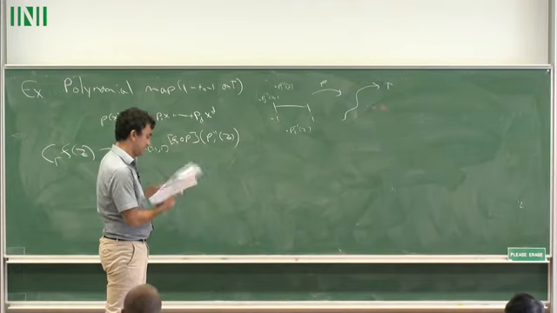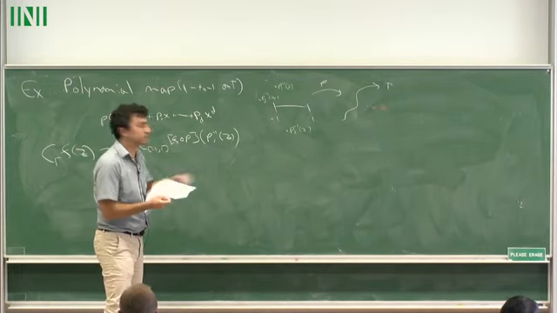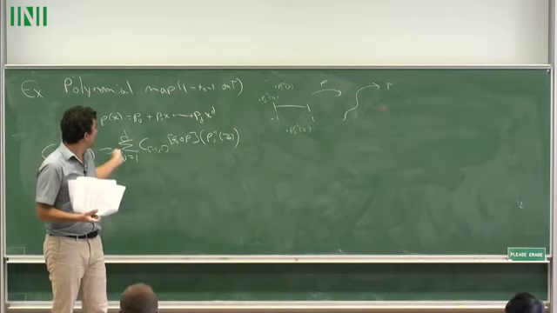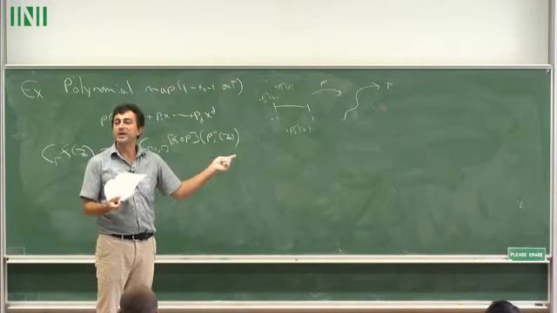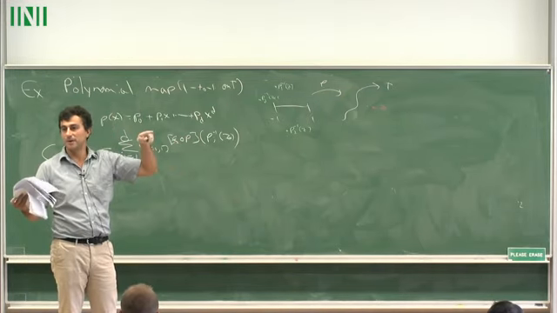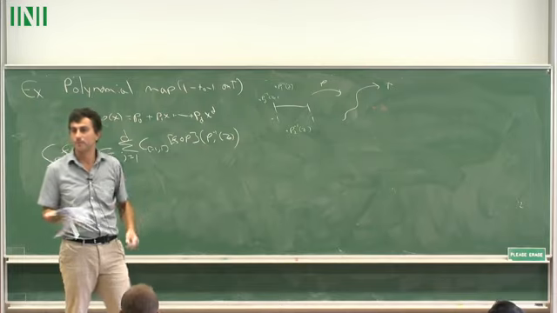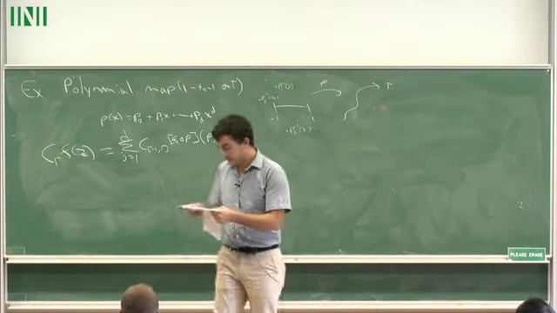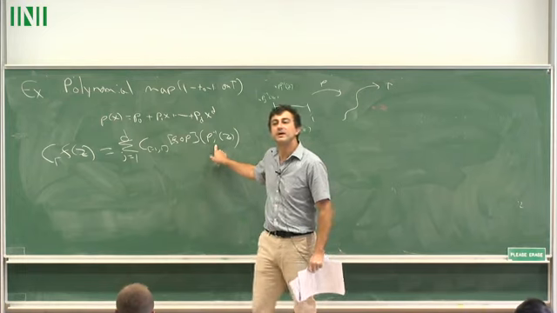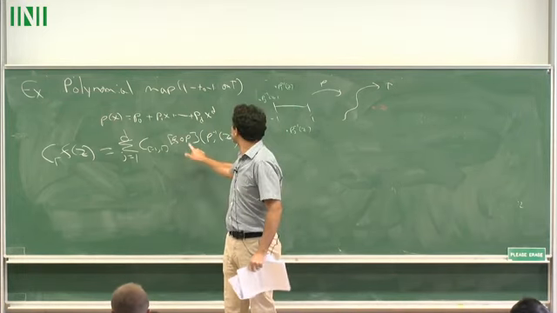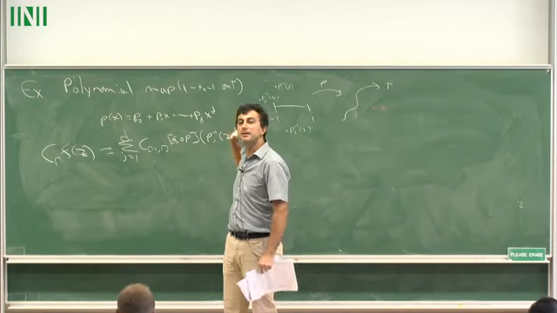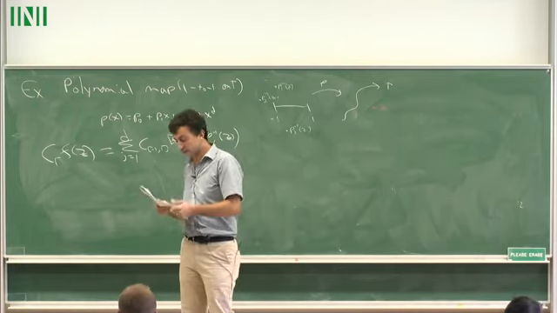So the branch cuts magically cancel each other out, and you can see it by writing it as a trace of the inverse of an analytic matrix, because these correspond to eigenvalues of a companion matrix, and summing a function evaluated at eigenvalues is the same as the trace of the matrix function, and you can use that to show that it's analytic.